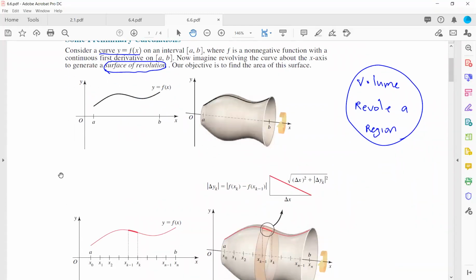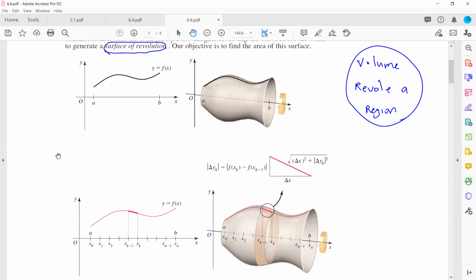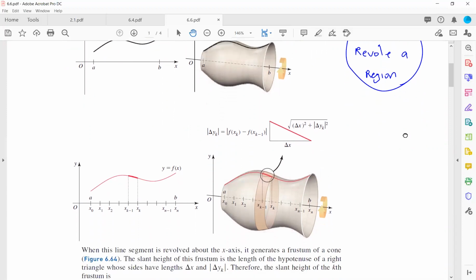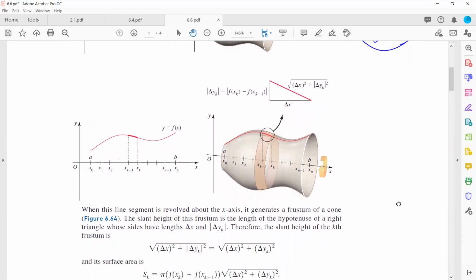The idea is the same. What do we do? We take a small piece of this curve, and then we calculate this area, and add them all together to find the surface of revolution.